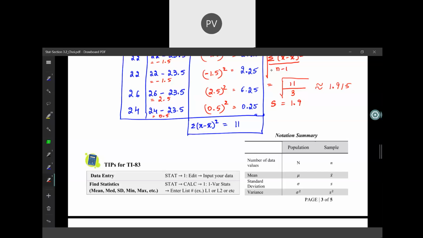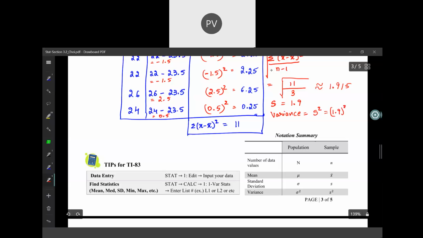Now, what will be the variance? How do you get that? Yes. So variance, I told you that variance will be equal to standard deviation the whole square, right? So what is standard deviation? It is 1.9.